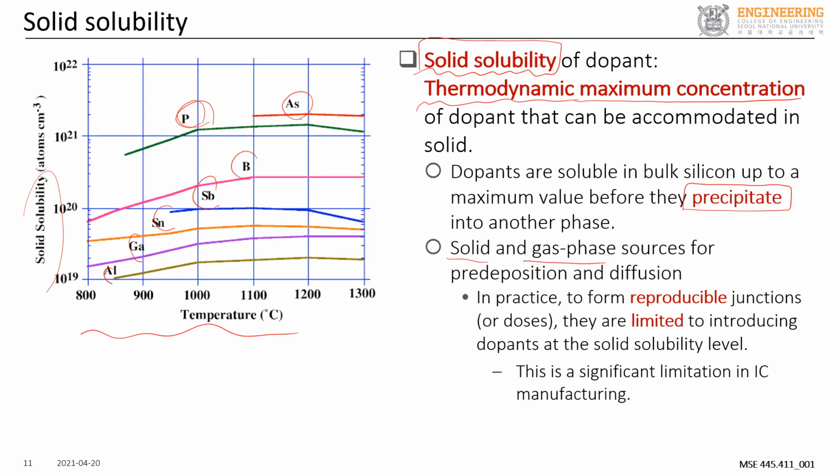So again, for solid and gas phase, this is basically what you have to reach to form reproducible junctions, because the only way you can get a reproducible junction is to get to the maximum, where it's self-limiting. It's not controlled by the time. You just wait long enough, and then you will get that concentration, which is probably too high, and that's not good for IC manufacturing. So we use ion implantation.